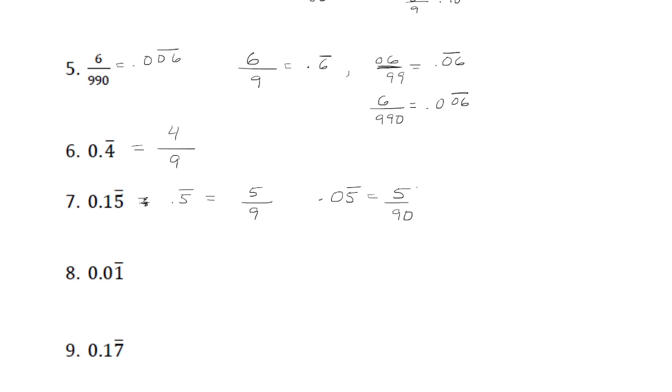And now we want to add a 1/10. So we take 5 over 90 plus 1 over 10. Common denominator will be 90. So this will be 14 over 90, which is 7 over 45.